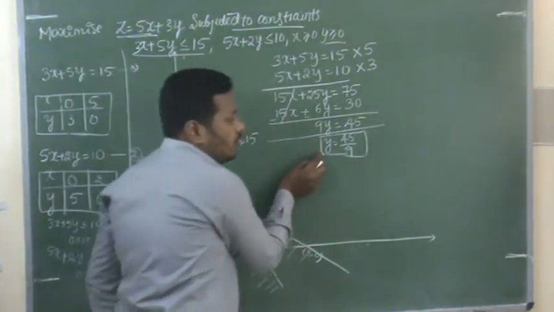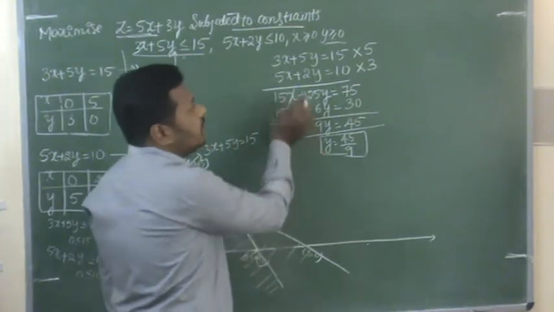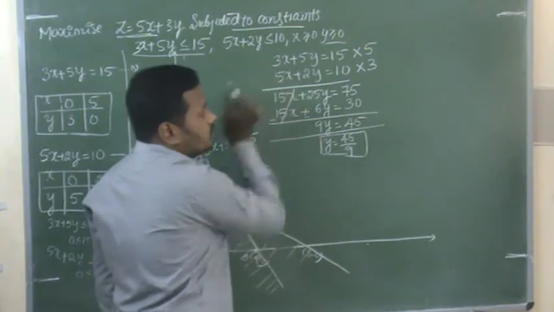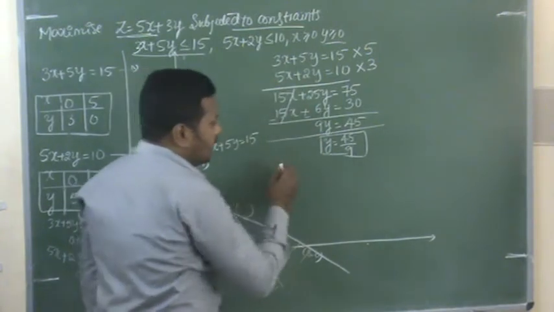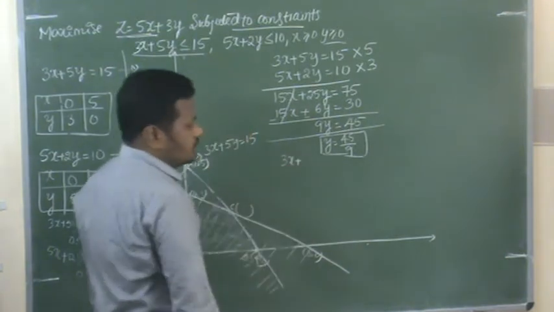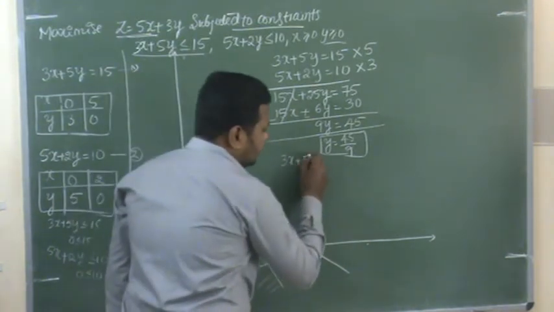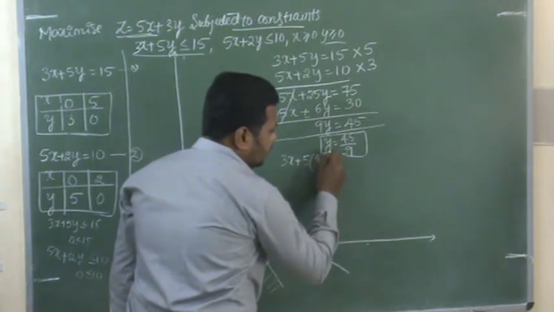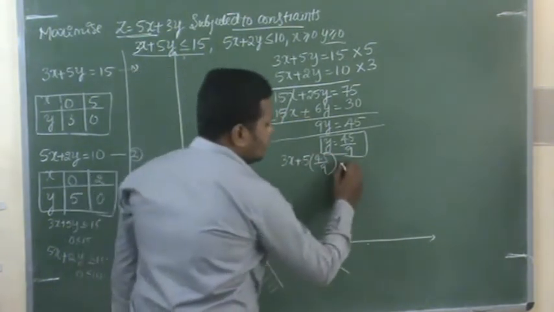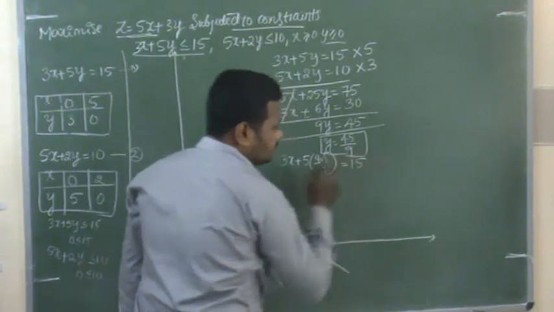This y value is substituted in equation number 1. We get 3x plus 5 into 45 divided by 9 is equal to 15.